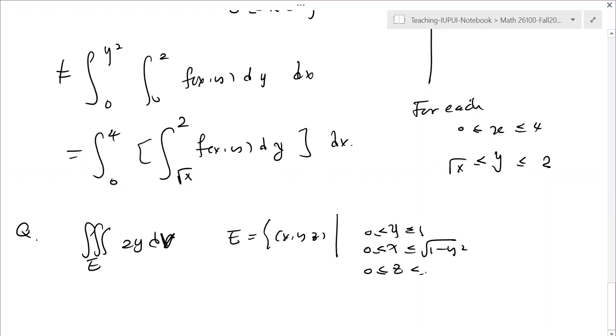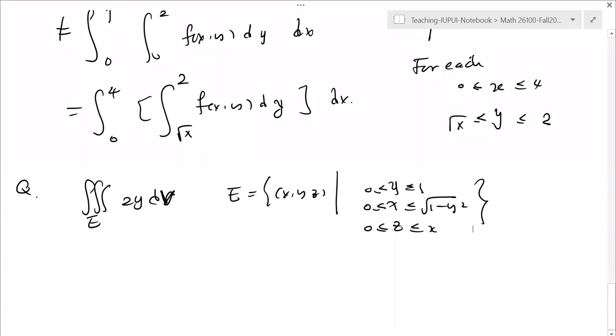Z is between 0 and x. It's described one by one. So for each y between 0 and 1, x is between 0 and the square root of 1 minus y squared. Then z, based on x and y, you get a lower bound and an upper bound for z. But this time, the upper bound for z depends on x only, right?